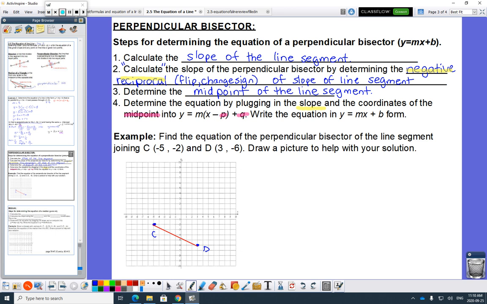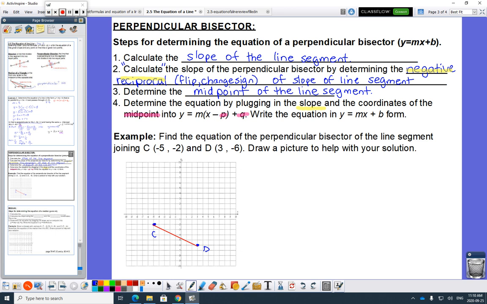It's up to you if you're confident in your graphing skills, but it may bug you if you don't make the line perfect. So I'm going to wait until we calculate the midpoint in order to draw my perpendicular bisector.